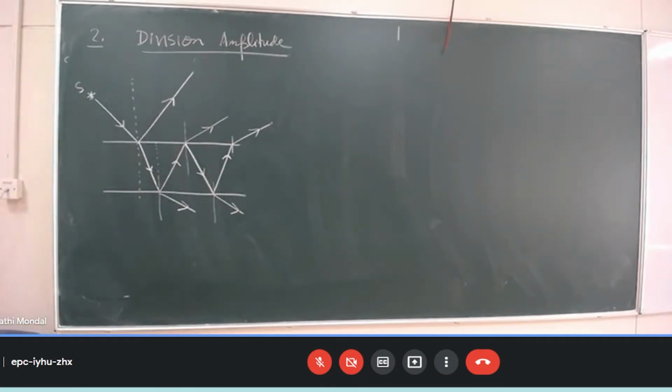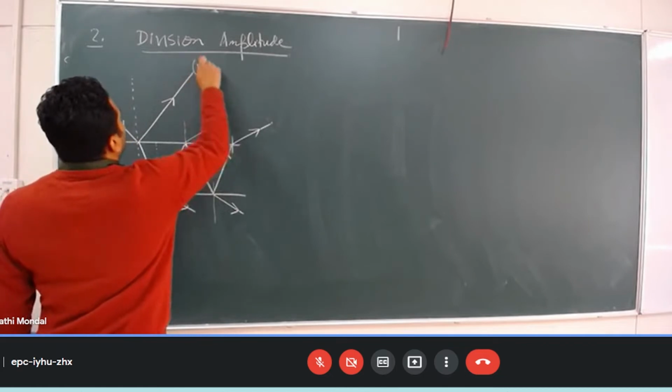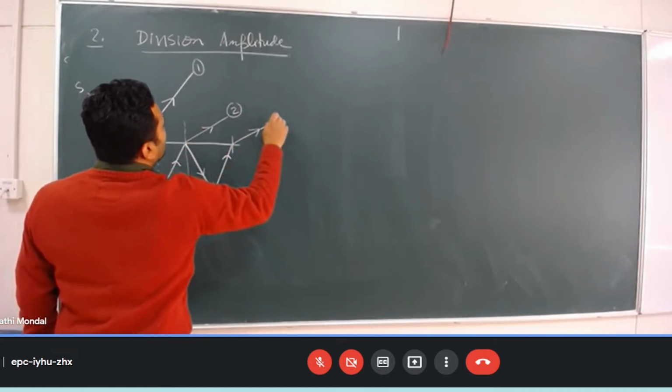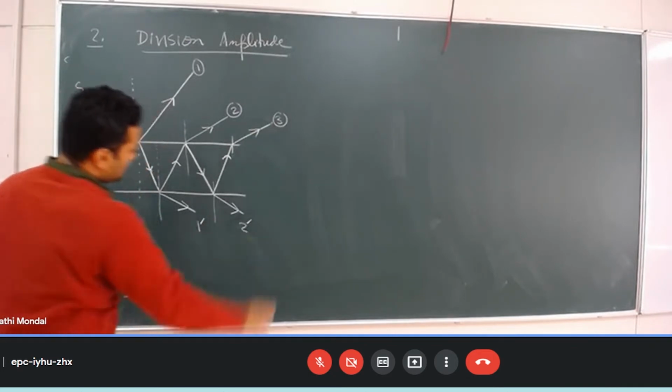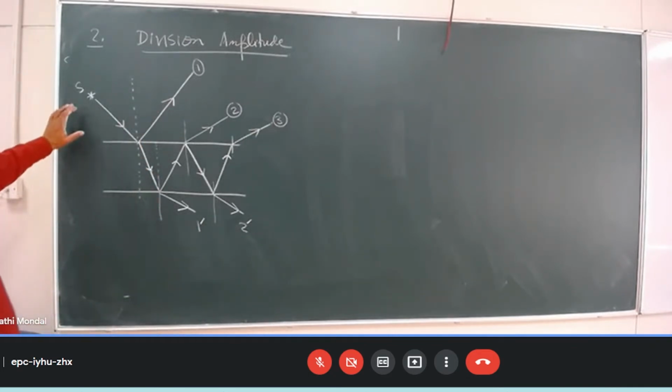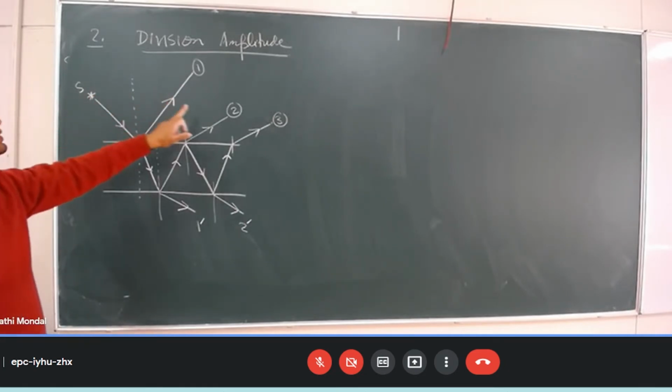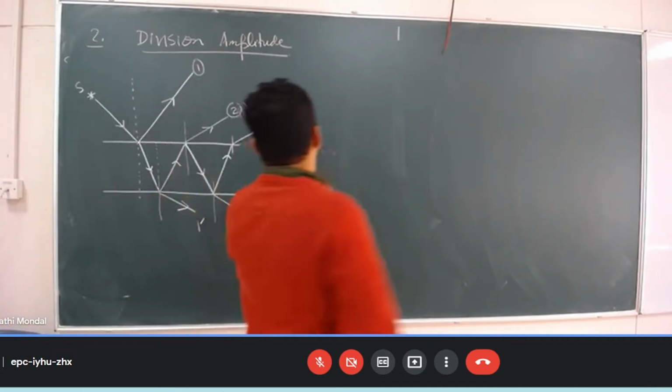So now 1, 2, 3, similarly 1 dot, 2 dot. See, you have one source, and this source can produce 1, 2, 3, an infinite number of light sources like this.